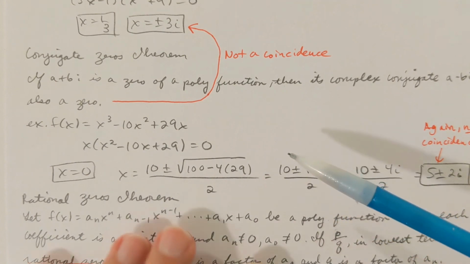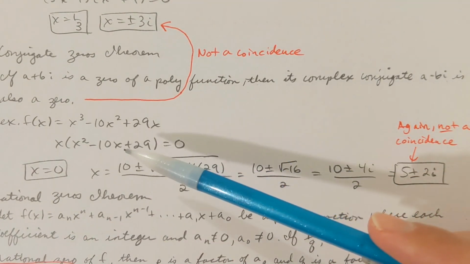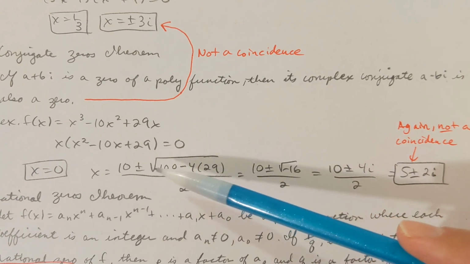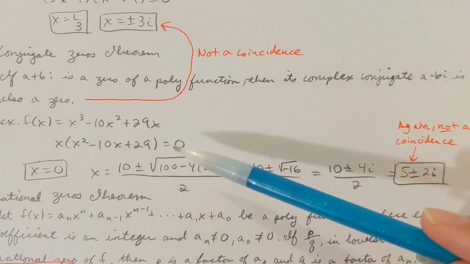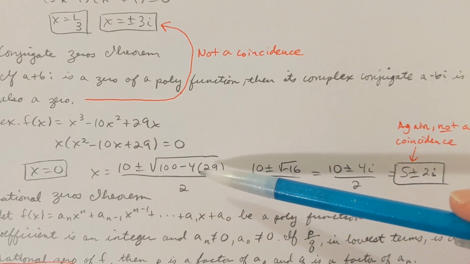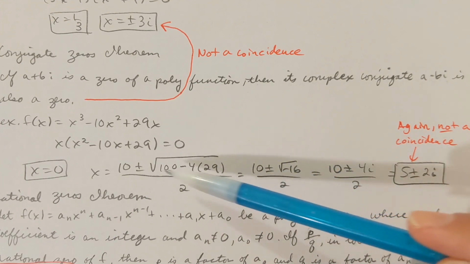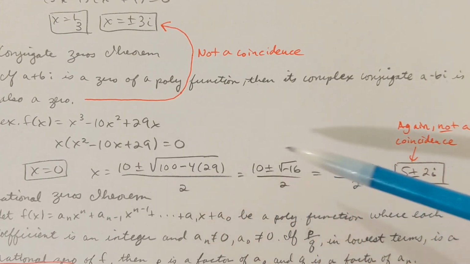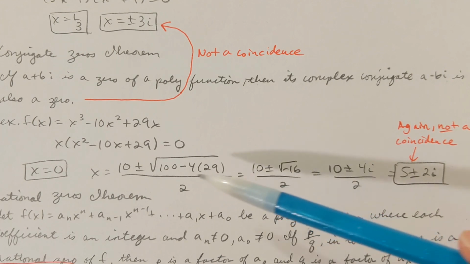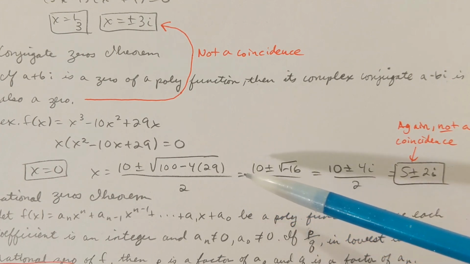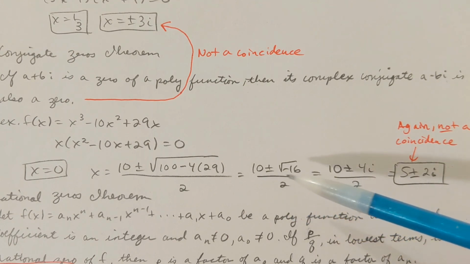That's our best option. So the opposite of b is 10 plus or minus the square root of b squared, negative 10 times negative 10 is 100, minus 4 times a, which is 1, times c, which is 29, all over 2a, 2 times 1 is 2. 4 times 29 is 116, and 100 minus 116 is negative 16.